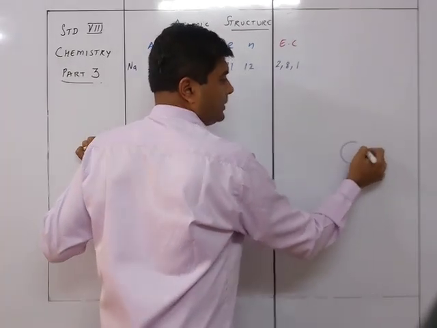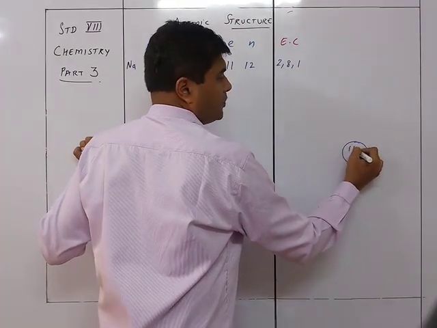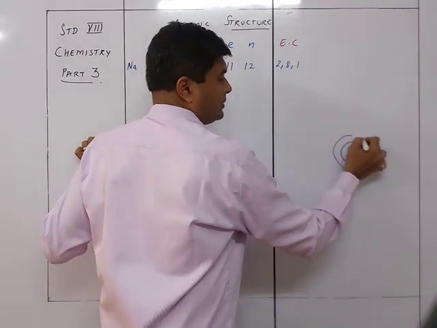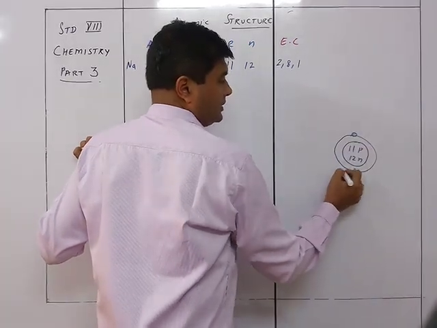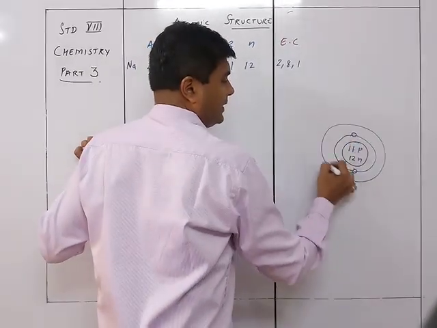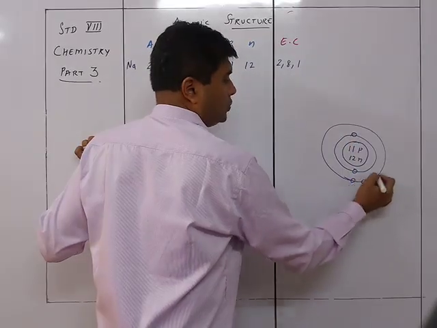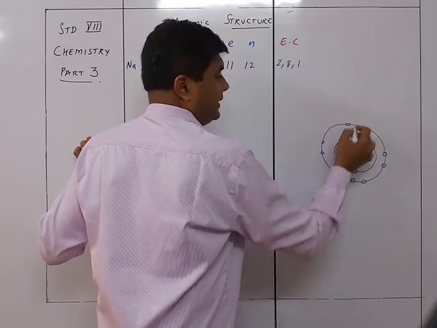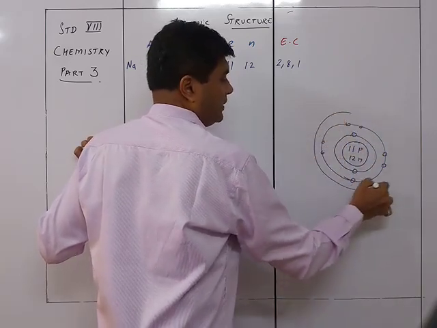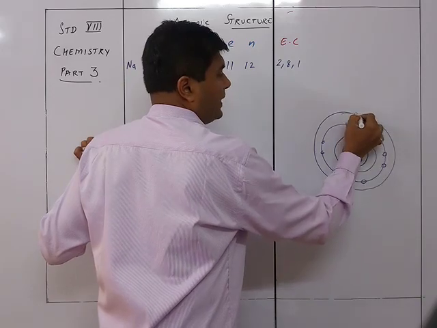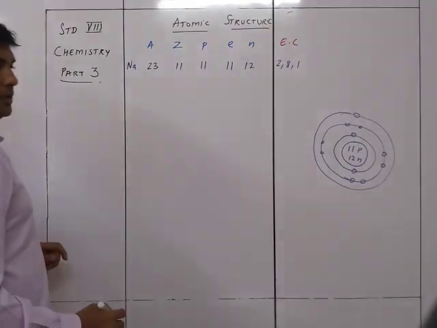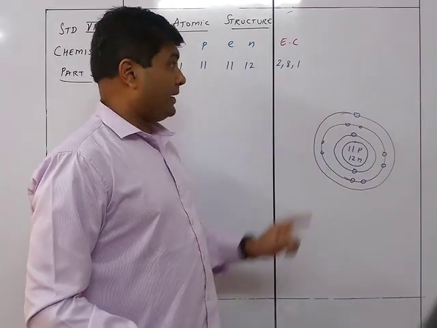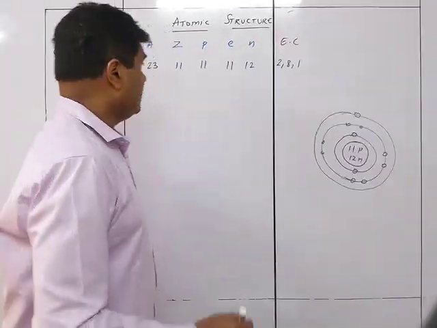There will be 11 protons, 12 neutrons, the first shell containing 2 electrons, the second containing 8 electrons, 1, 2, 3, 4, 5, 6, 7, 8, and then the next shell having only 1 electron like this. Electronic configuration 2, 8, 1. Okay.